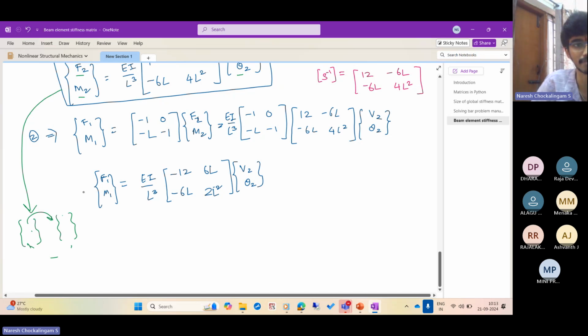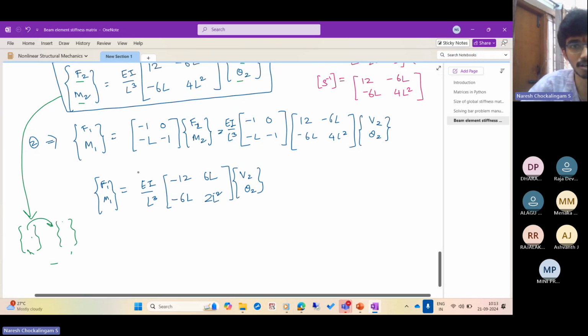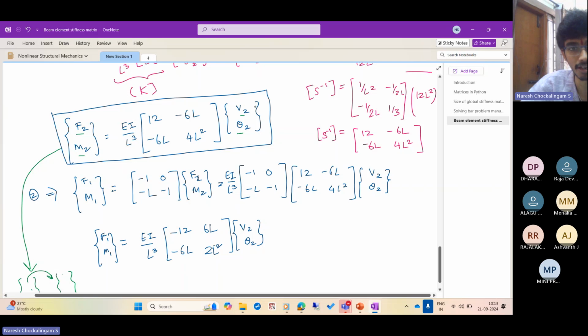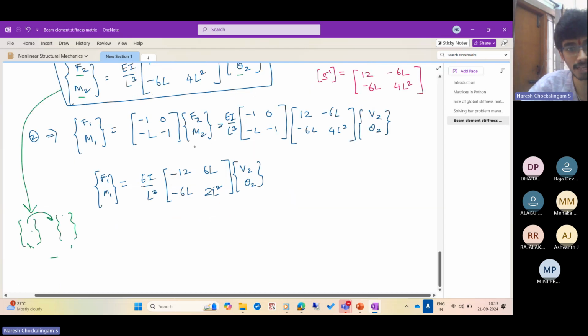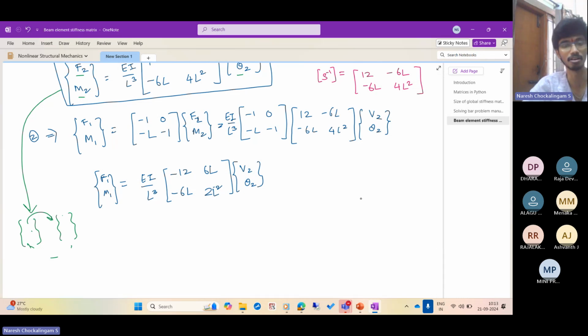So when you apply a unit force here and measure the moment, or you apply unit rotation and measure the force, those two have to result in the same values. But here you are measuring at a different point. You're applying displacements at node 2 and you're measuring the forces at 1. So they don't have to be symmetric. That's the idea. So hope you get it.